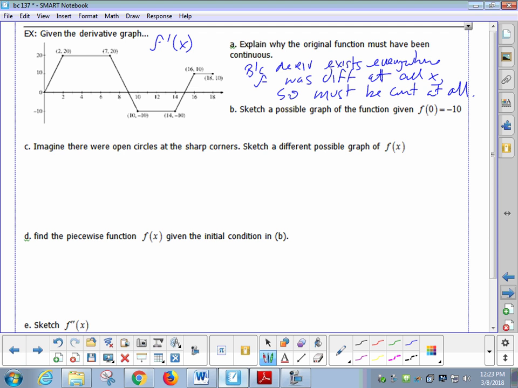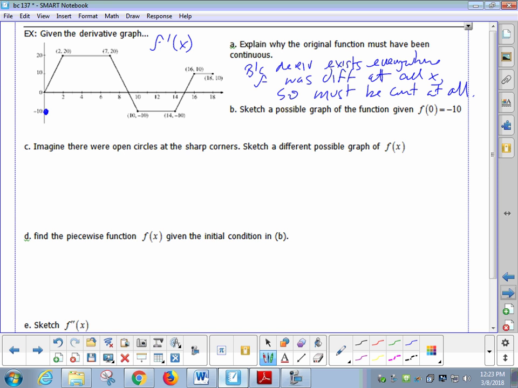Okay? Let's just lay it over the top of the function derivative graph. If I asked you to sketch f prime, would you do so, please? That's f prime. Would you sketch f, given that I'm telling you f of 0 is -10? Now, it's a sketch.